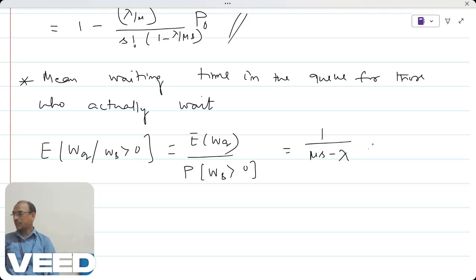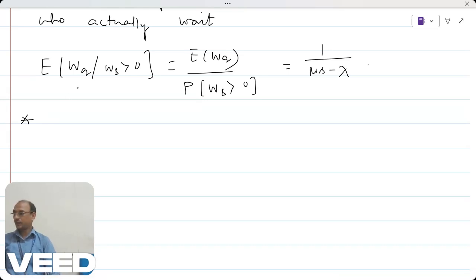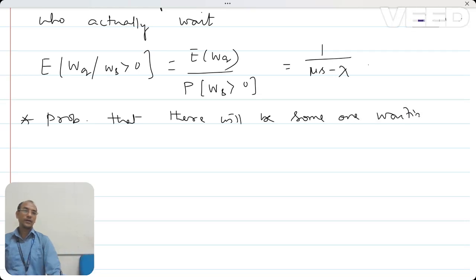And the next characteristic is the probability that there will be someone waiting, and that means the probability that the number of customers is more than s.